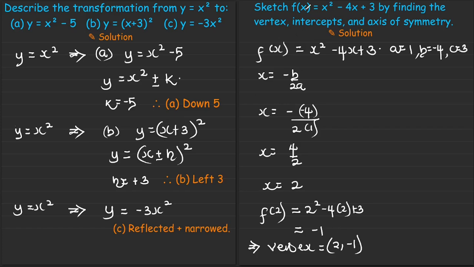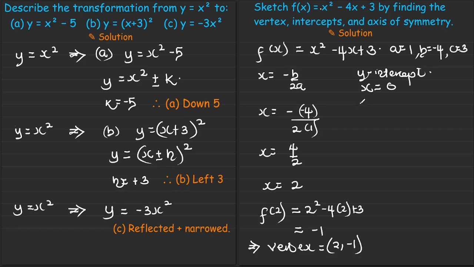We now come to our intercepts. For our intercepts, there are two. We have the y-intercept and then the x-intercept. So let's start with the y-intercept. At the y-intercept, we are looking for x being equal to 0.